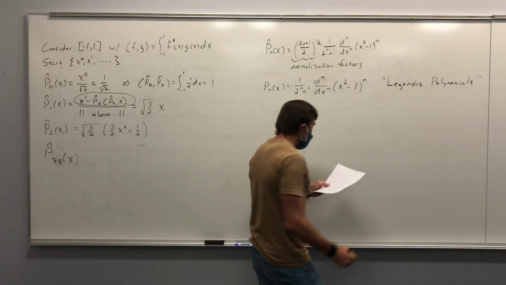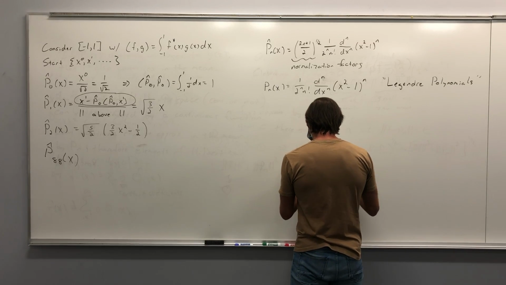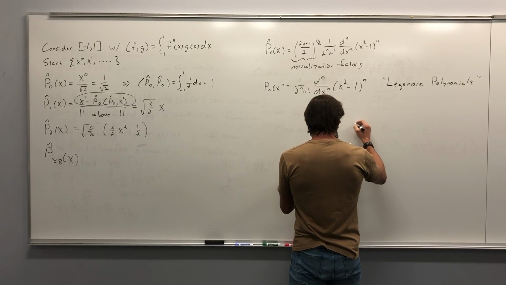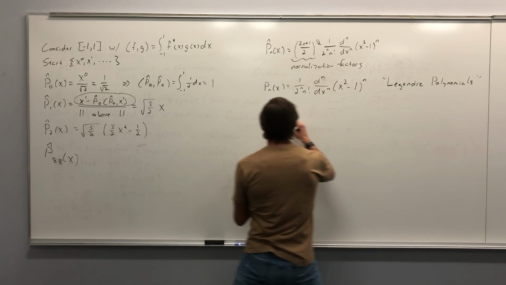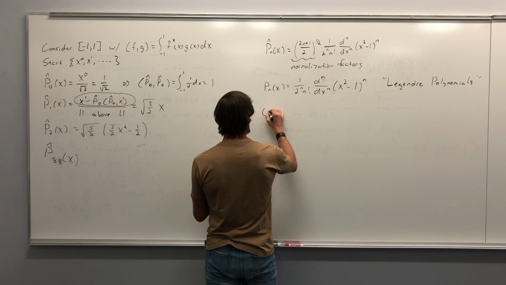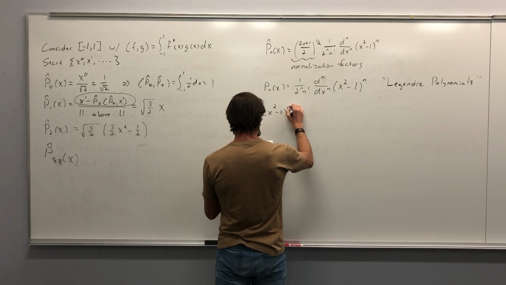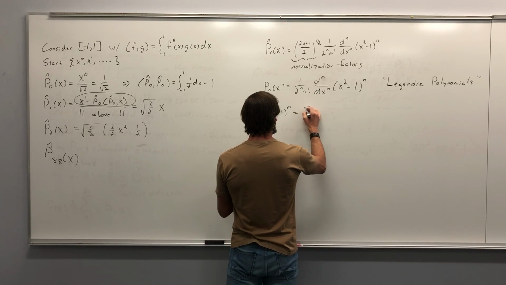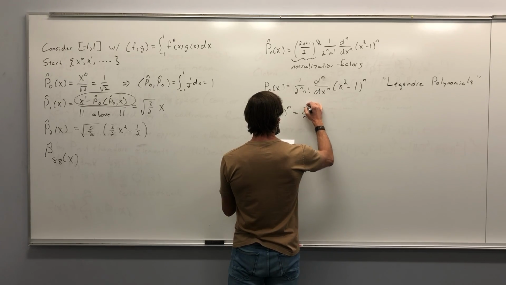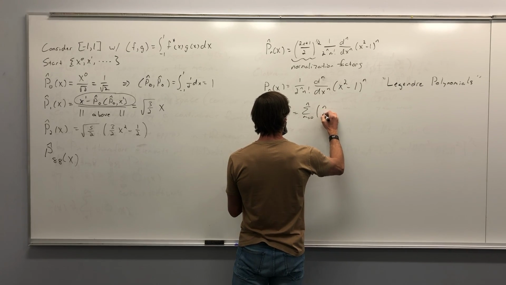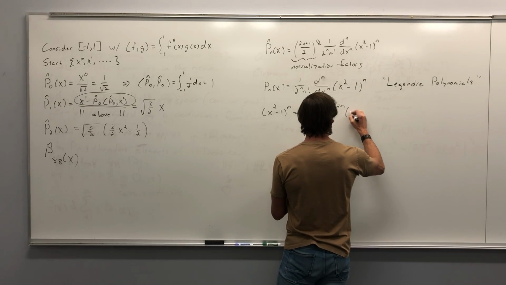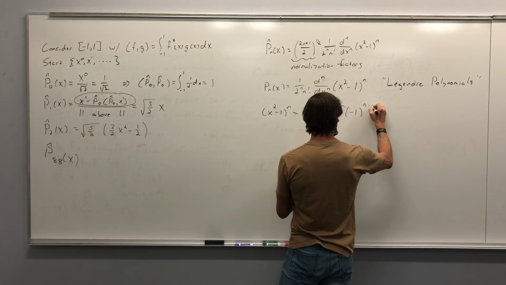So, how many of you are aware of the binomial theorem? Okay. If we utilize the binomial theorem, then we can actually show that x squared minus 1 to the n is equal to the sum from m equals 0 to n of n choose m, x to the 2m, times minus 1 to the n minus m.